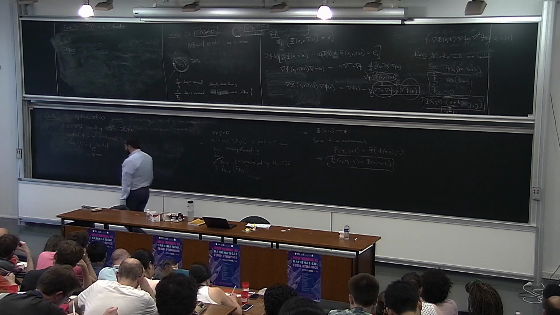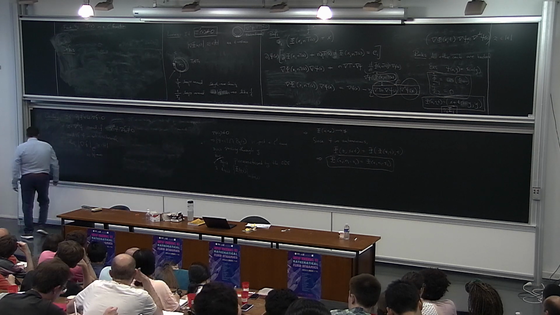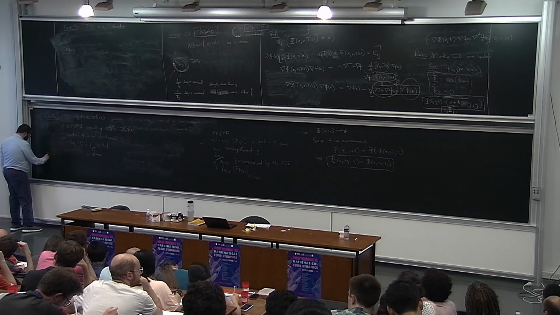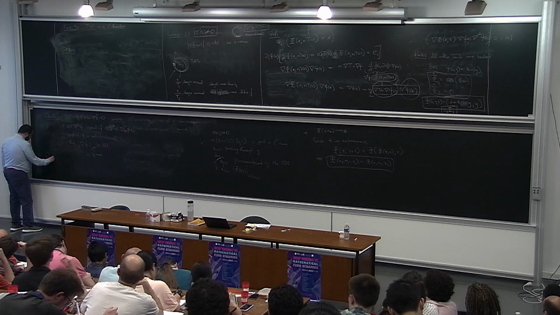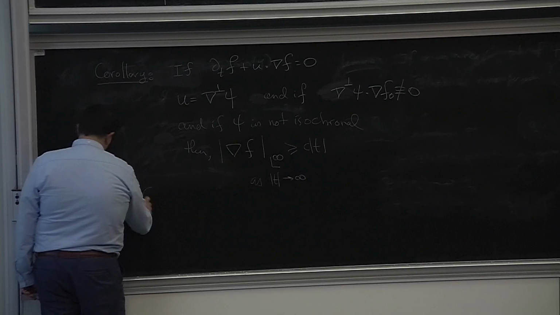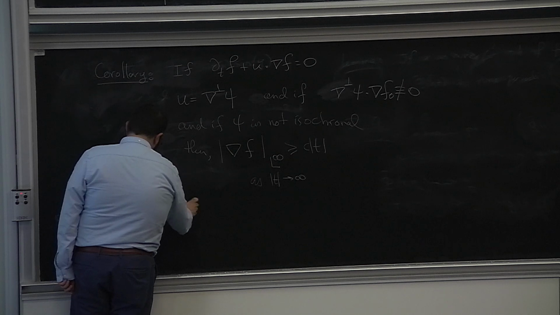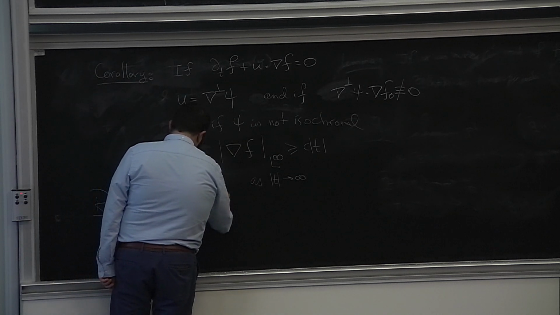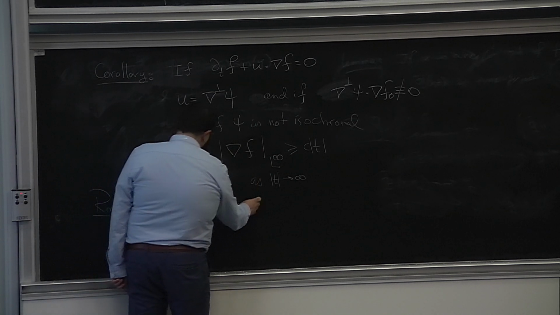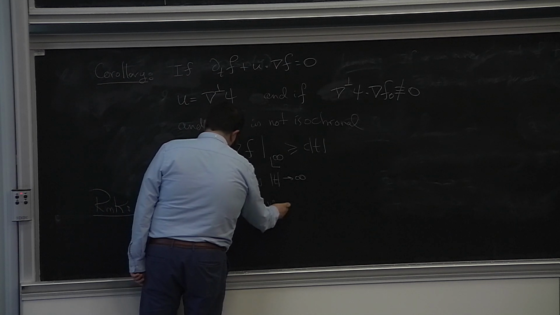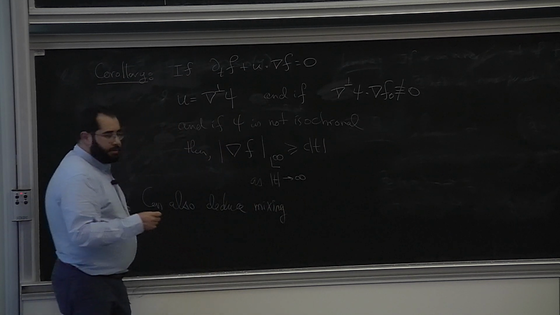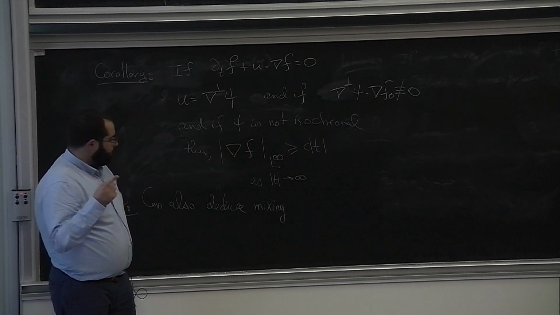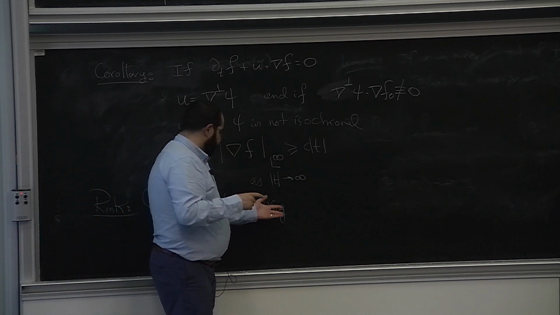So I make a remark that I'm not really going to talk about at all, just to make a remark. So you can also deduce mixing statements. So I guess tomorrow, Michele speaking tomorrow, I think, will talk about this.